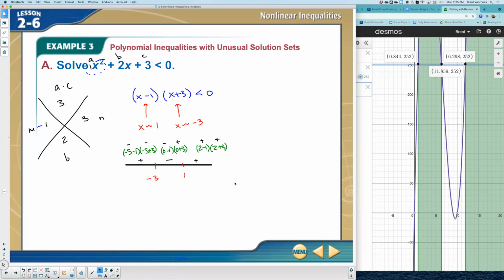Okay, so let me copy this because I'm going to use it a few times here. We want to know when we're less than 0. Is there any area where we're less than 0? Between. All right. So in between here.